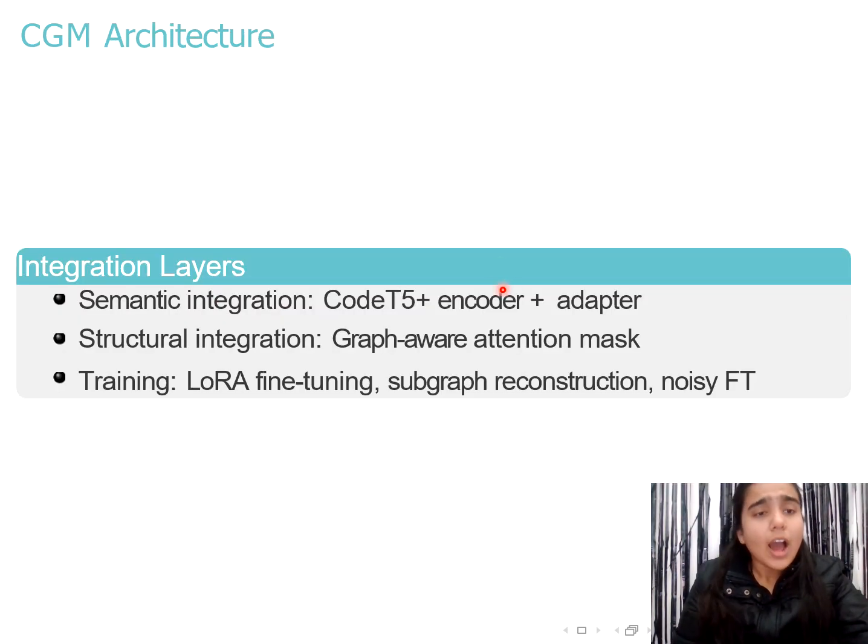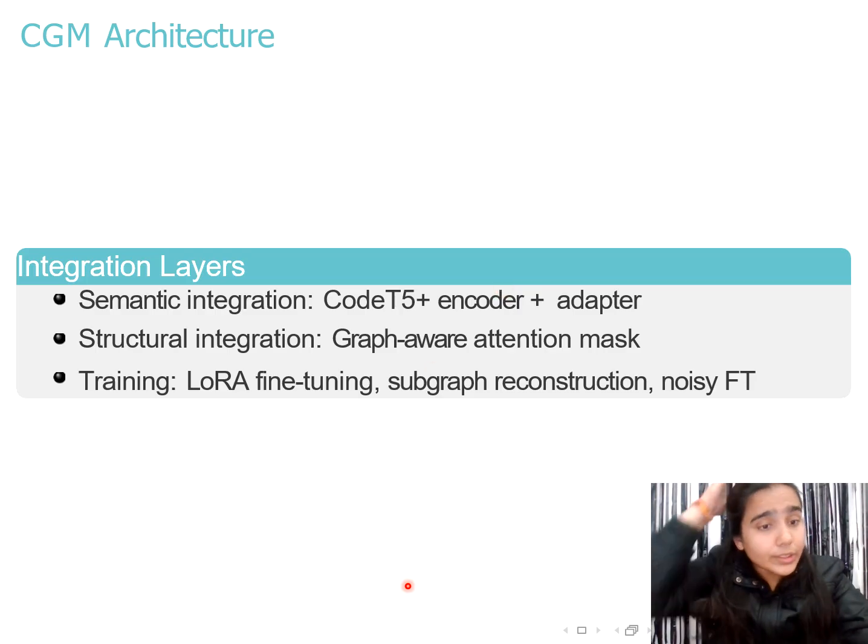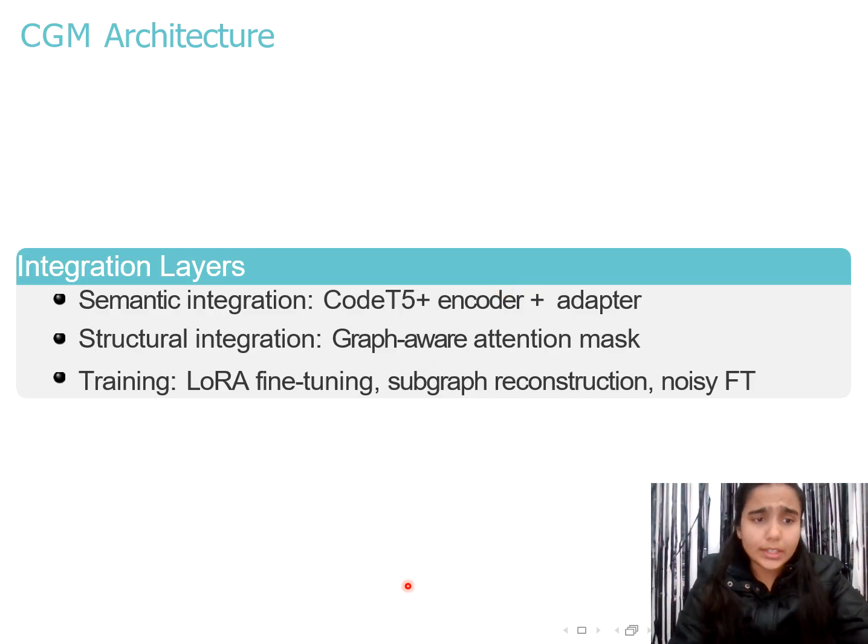Now see how the graphs are plugged into the LLMs. We have the following layers: a semantic layer, a structural layer, and then training. At the semantic layer, we chunk the node text, encode it with CodeT5 for code and comments, and then use a two-layer MLP adapter, which helps us get it into the LLM space.